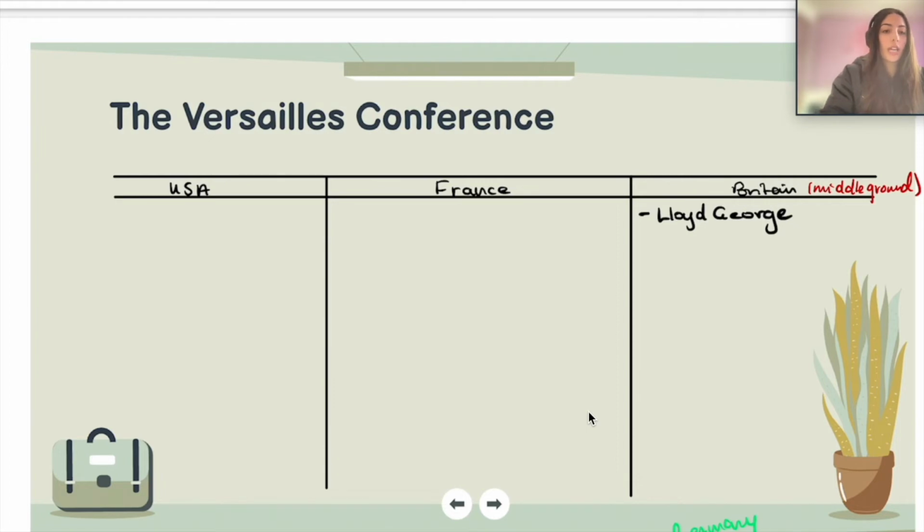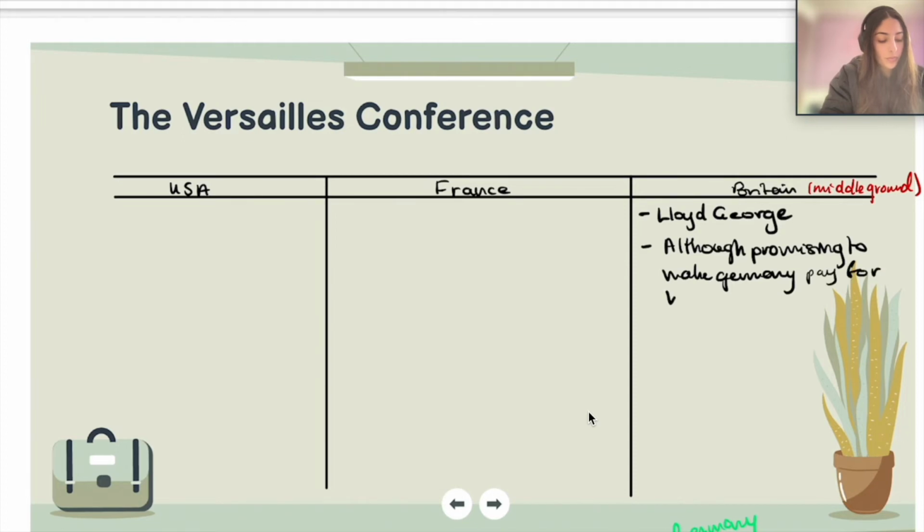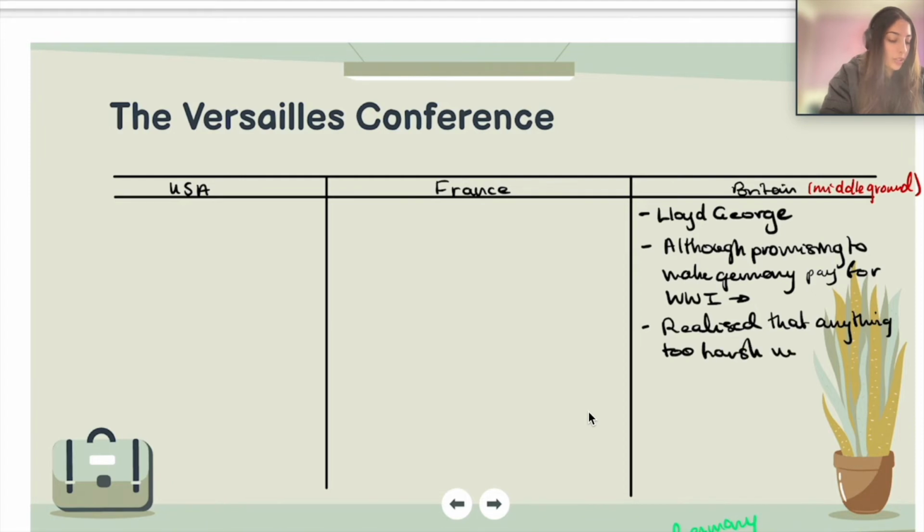So Lloyd George really held this perspective that although promising to make Germany pay for the war, he realized that anything too harsh would really just cause reprisal in the future.